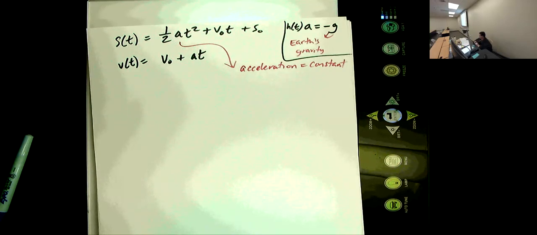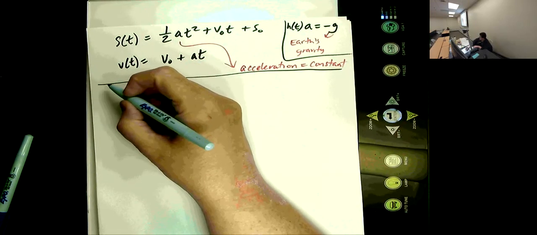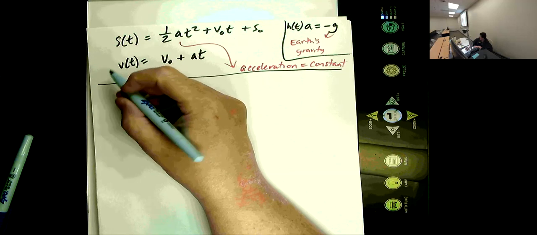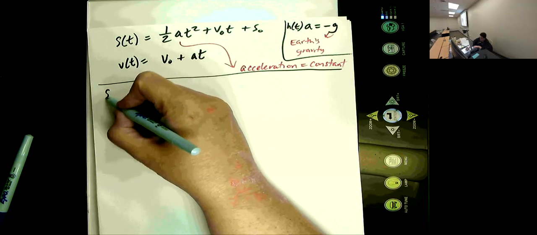Otherwise, if the acceleration is changing, or what's causing the acceleration, I should say. So, example. There are spacecraft that have constant acceleration. Spacecraft with a solar sail.